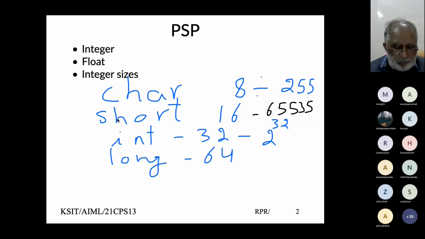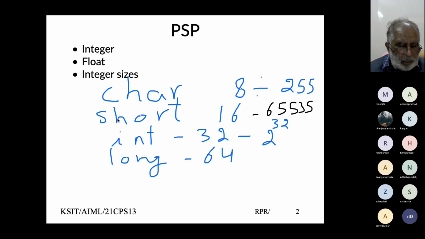By default, when we use the terms char, short, int, or long, they represent what is called signed. That means the value can be negative or positive. But if you want to indicate that it should always be a positive number, never a negative number, then we prefix these type declarations with the keyword unsigned.